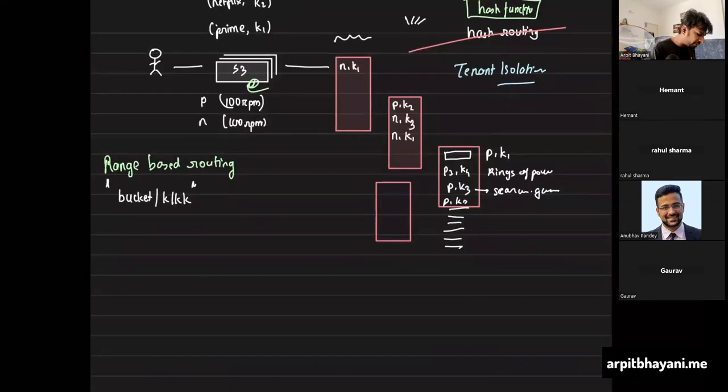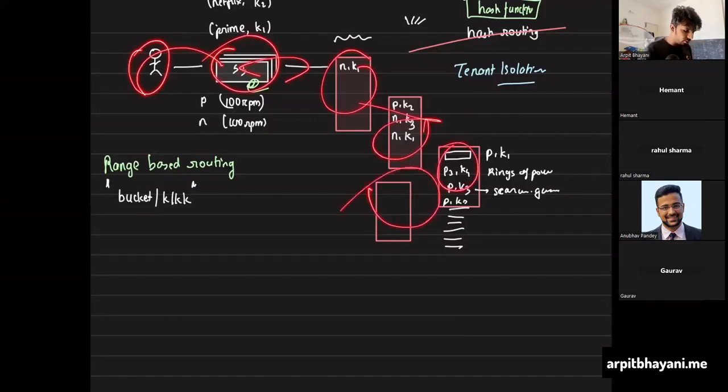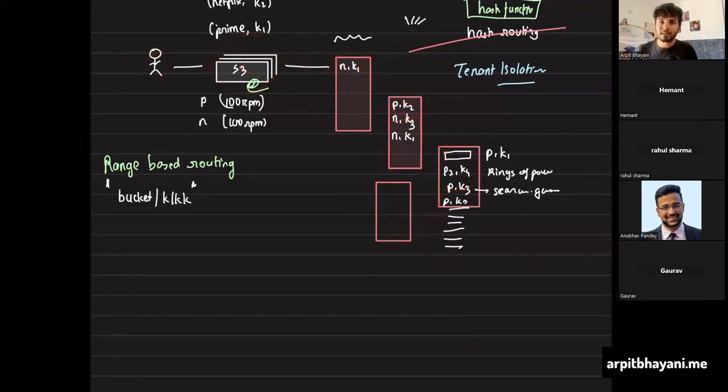You may think that my user request comes to an S3 API server and it directly talks to the storage. The problem with this is that the request can go to any of the S3 API servers, so every API server is equally likely to handle any request.